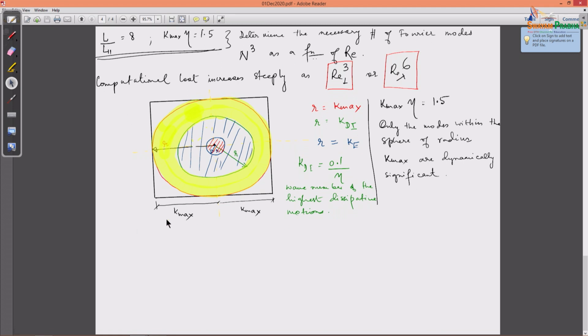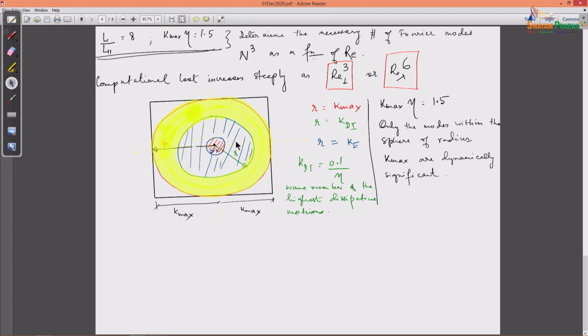We drew a spherical domain of radius K max. In here we have this highlighted zone. We said that all the modes present in this zone, this zone is guided by the maximum K max, and it starts from K di. These are the length scales.